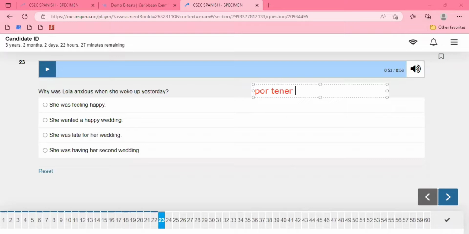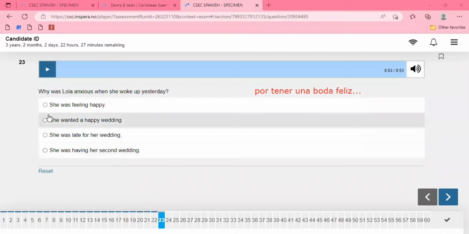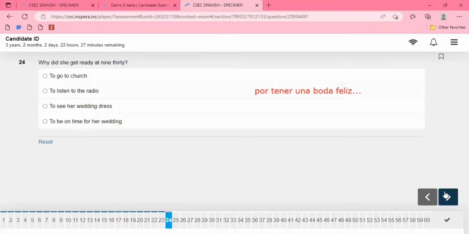So this is an extract from that line. Por tener una boda feliz y romántica. She wanted to have a good wedding. She wanted to have a happy wedding. So she was anxious about the proceedings of the day.